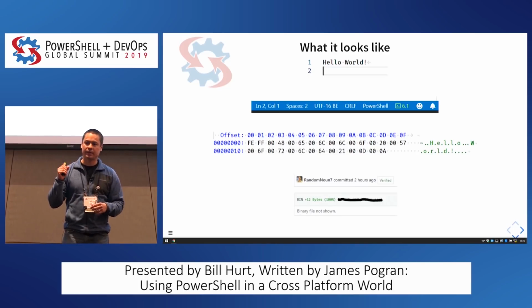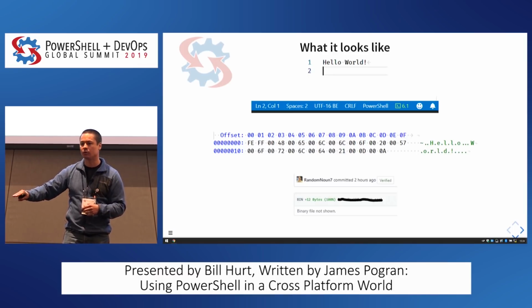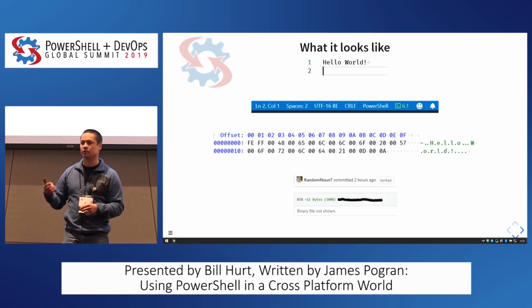The first screenshot up there is just to let you know that you're not necessarily going to see visually in your editor that you're about to have a problem. But that second screenshot, when you look down there, that's the lower right-hand side of Visual Studio Code. And you'll see up there that it does say UTF-16. And then that's just a hex dump. We won't talk about it. But the last screenshot there is one of the examples of the kinds of problems that you can run into.